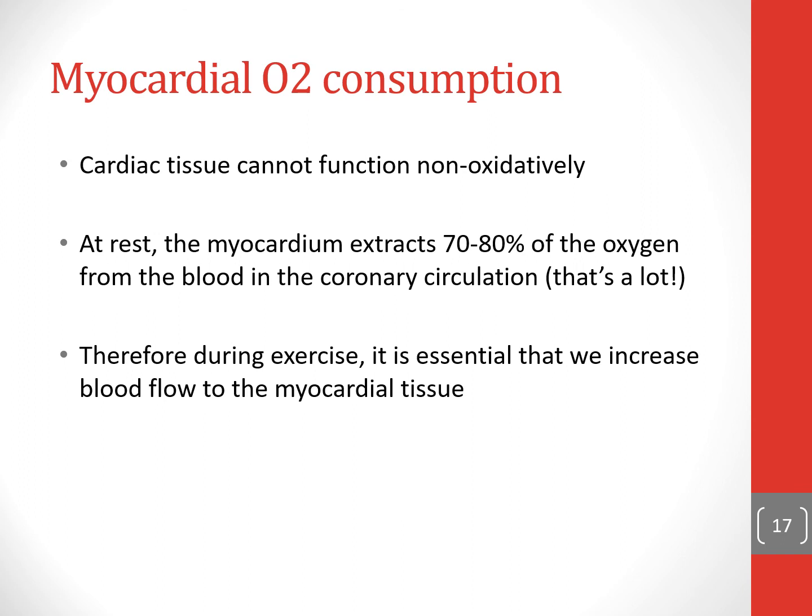That's a lot. I would say that's about double what our normal tissue can extract. So it's super important that we send oxygen to the heart, and the heart does an awesome job at extracting that from the coronary arteries themselves. Therefore, during exercise, it's essential that we increase blood flow to the myocardial tissue.